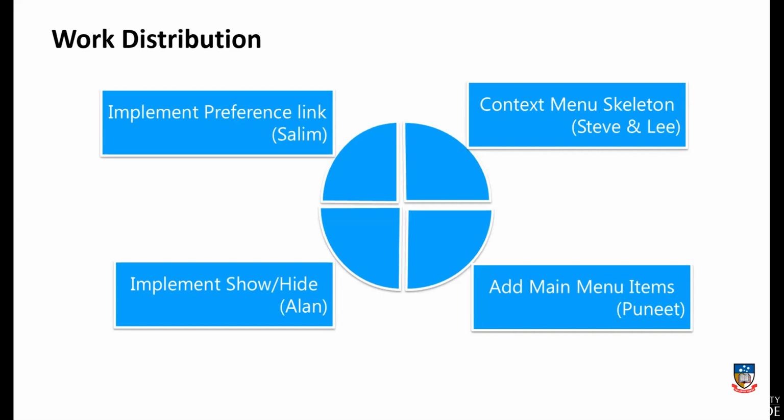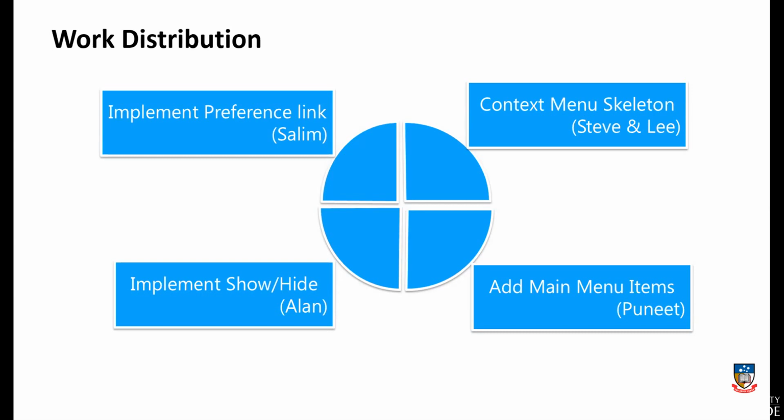The fourth and the last part is going to be implementing the preference menu item, which will pop up when the preference menu item in the context menu is clicked, and this will be done by me.